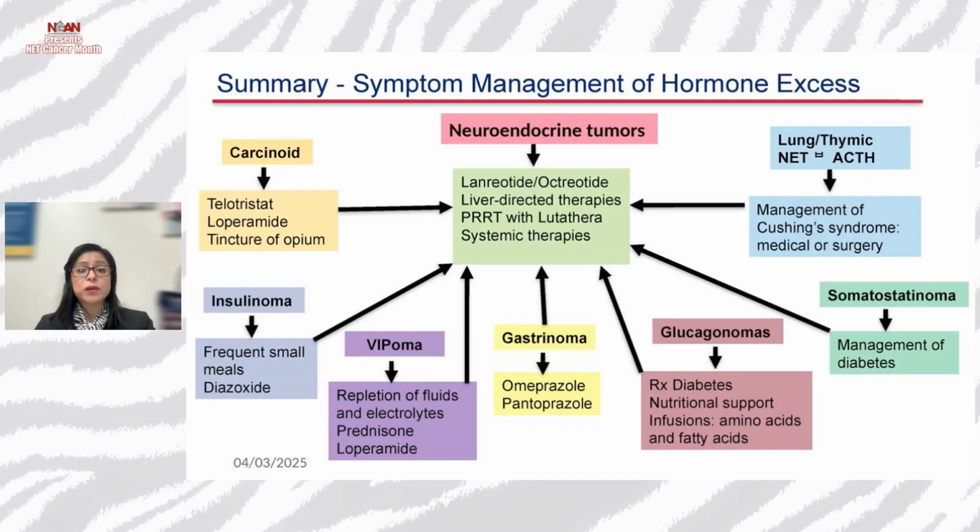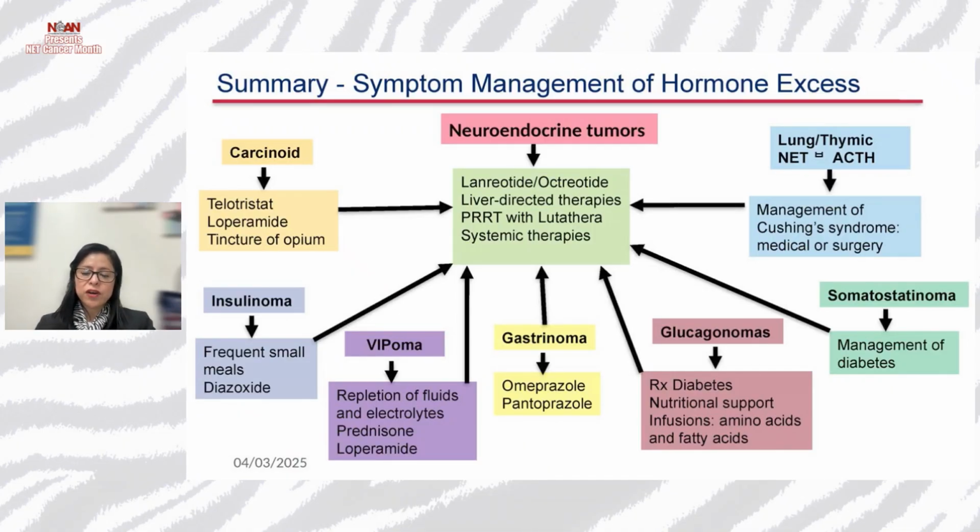And this is a summary of the symptom management of hormone excess related to neuroendocrine tumors. We talk about carcinoid and what we need to do for the excess symptoms related to carcinoid syndrome and diarrhea, which is debilitating. The other measures include anti-diarrhea medicines as well as antidiarrheal opioids that can be used. We discuss what needs to be done if there is excess of insulin, VIPoma, excess of gastrin, glucagonoma.